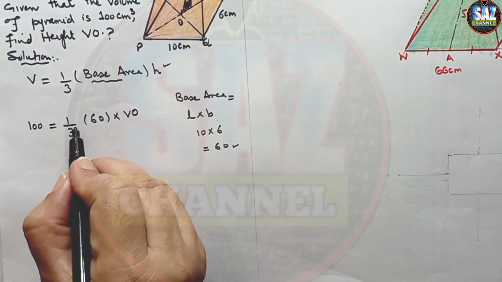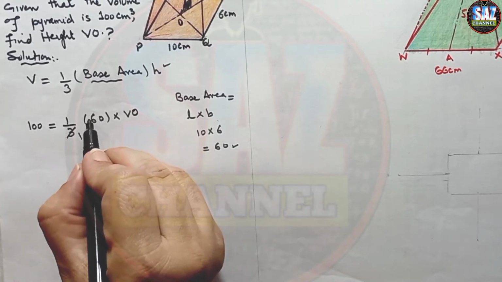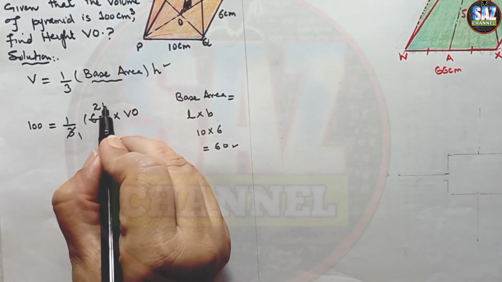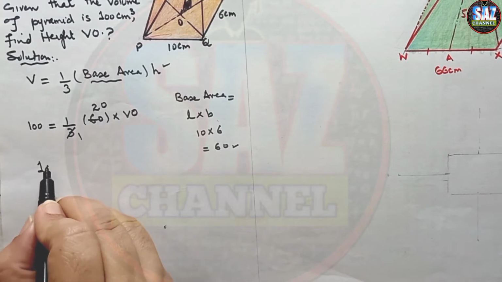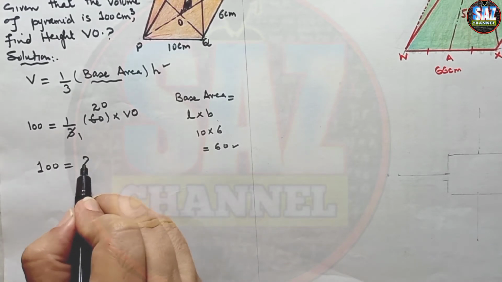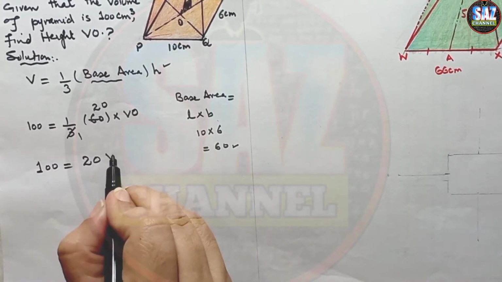Now what we can do is we can go for the simplification, because 60 and 3 can be simplified easily. And I will left with 100 equals to 20 times VO.